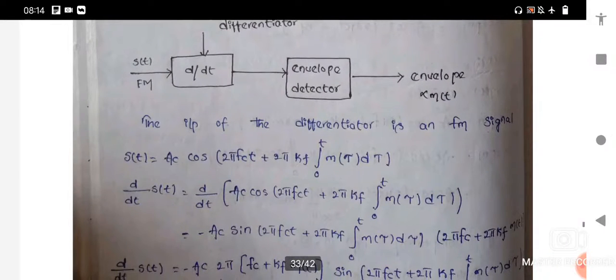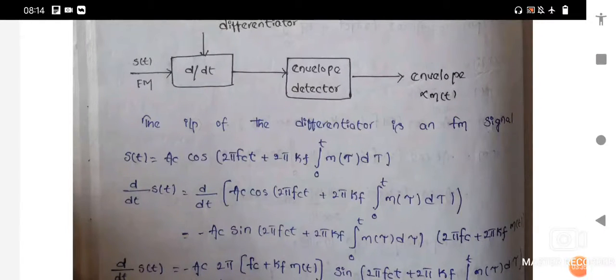The input of the differentiator is an FM signal. The standard form of the FM signal is s of t equals Ac cos of 2 pi fc t plus 2 pi kf integral 0 to t m of t dt. This is the standard form of a frequency modulated signal.